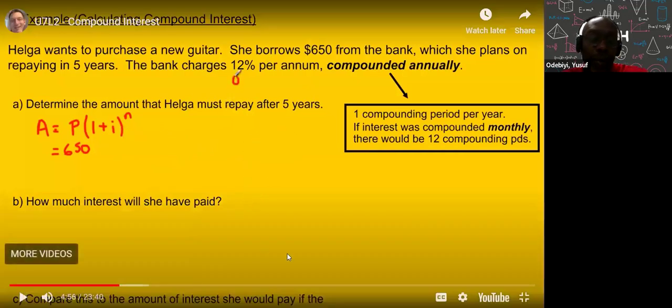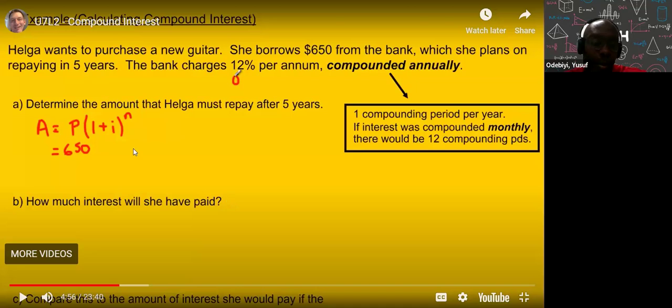Okay, so this is going to be an easy example because we're looking at interest that's annual. It gets complicated when the interest is not annual, if it's compounded monthly, quarterly, or daily.